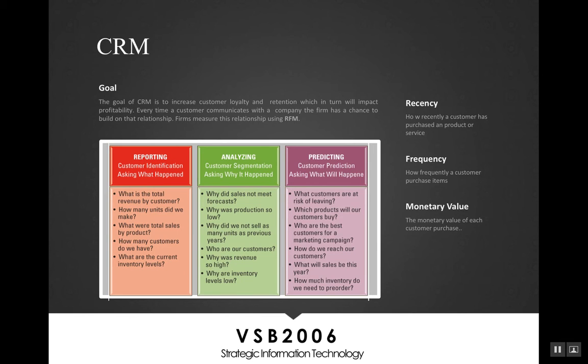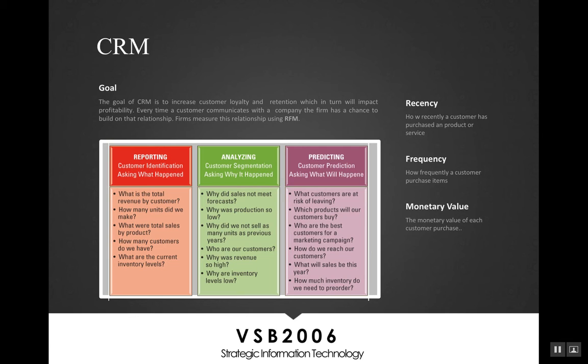All right. So the measurement of this is something called RFM: recency, frequency, and monetary value. When we say recency, what is the customer activity? How frequently does a customer purchase?